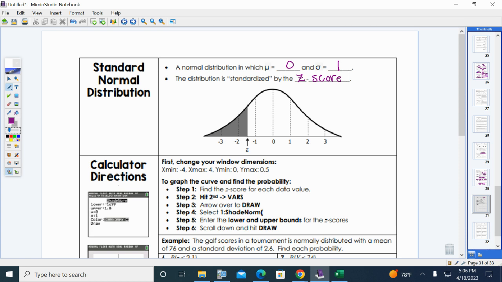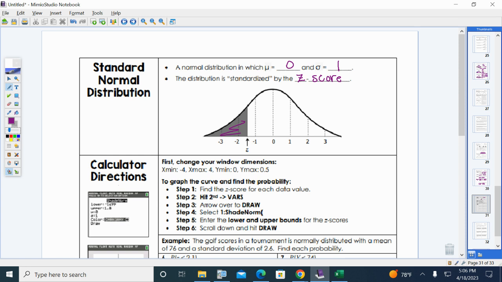The distribution is standardized by the z-score. What we're going to do in these next few examples is use the calculator to calculate the area under the curve that is above or below our z-score, based on the question that's being asked.